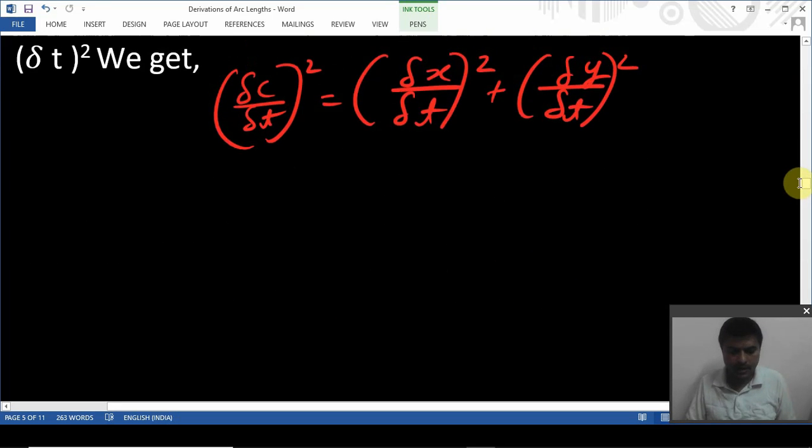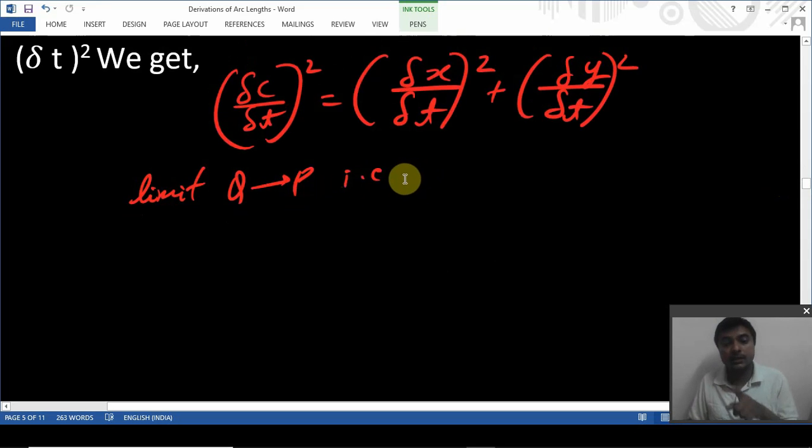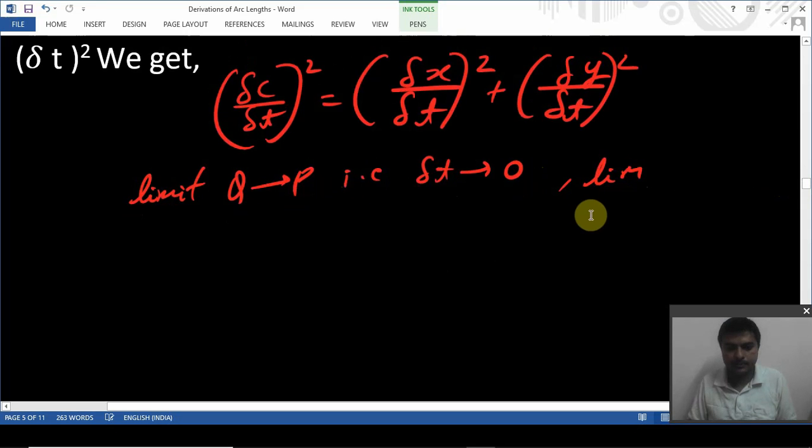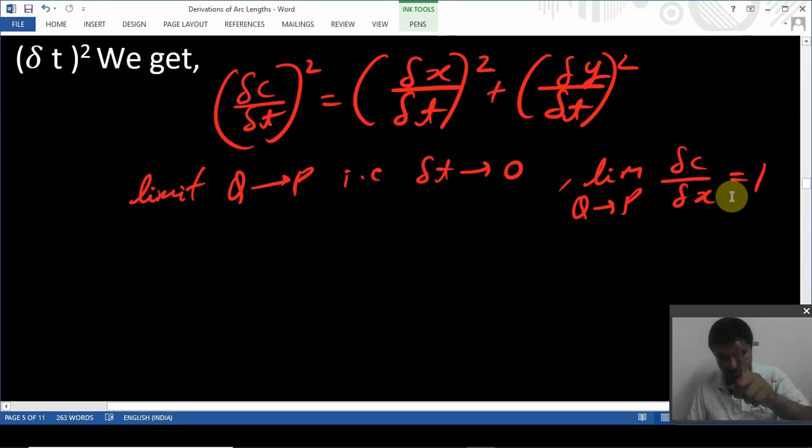Next, taking the limit on both sides, students, you can see q tends to p always, remember this, that is, as time is there, delta t will tend to 0. Remember the equation, students, we know that limit as q tending to p of delta c divided by delta s is equal to 1 always. Substitute the values, you will get what, students?